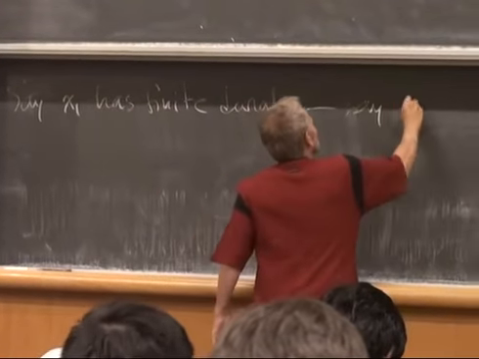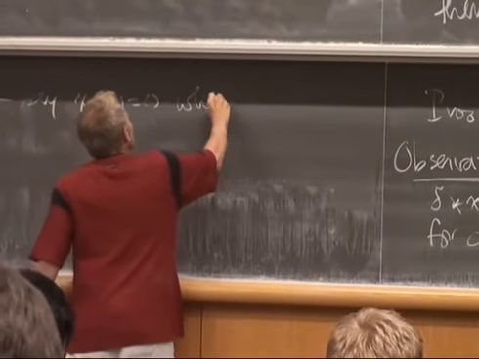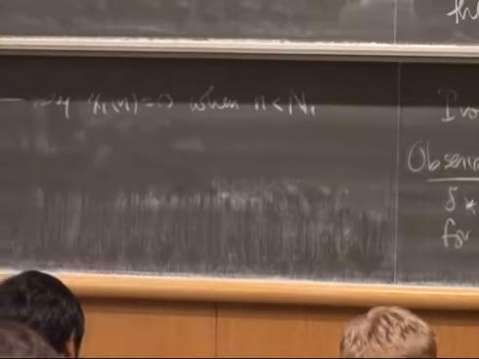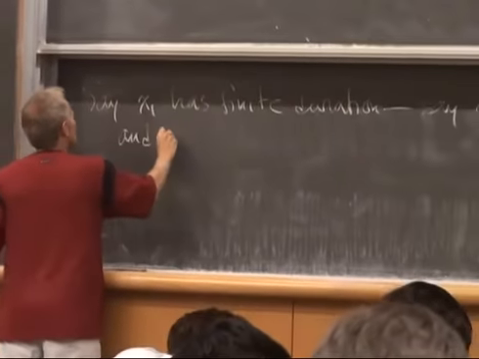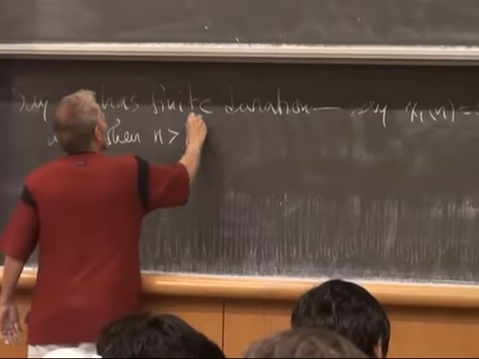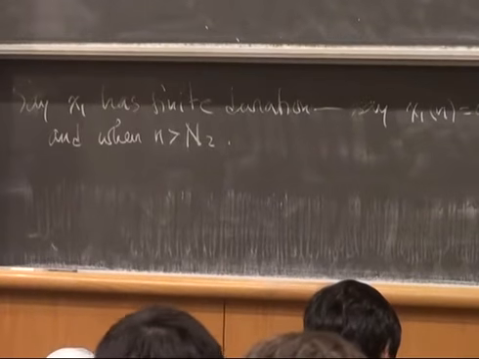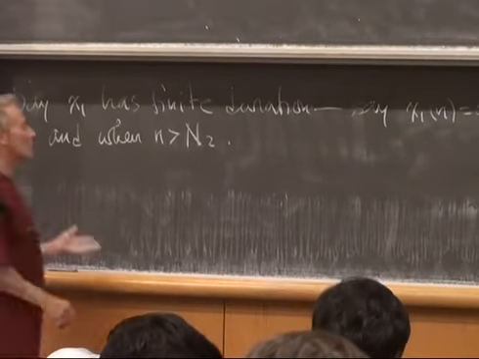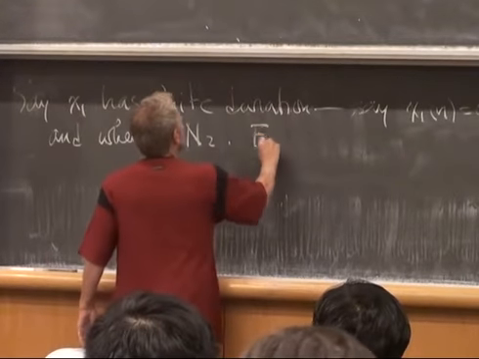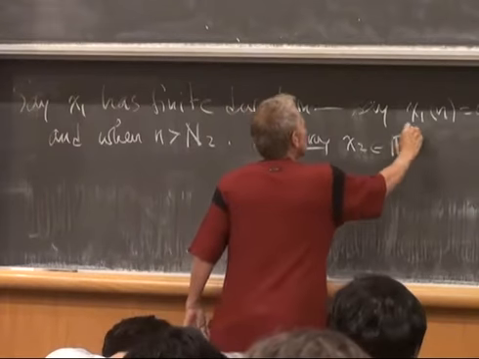Say that x1 of n is equal to 0 when n is less than, say, capital N1, and x1 of n is also equal to 0 when n is bigger than capital N2. Let's see what happens when we compute x1 convolved with x2 for any x2 in F to the Z.